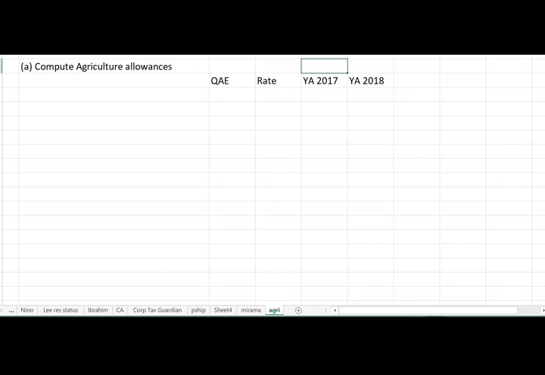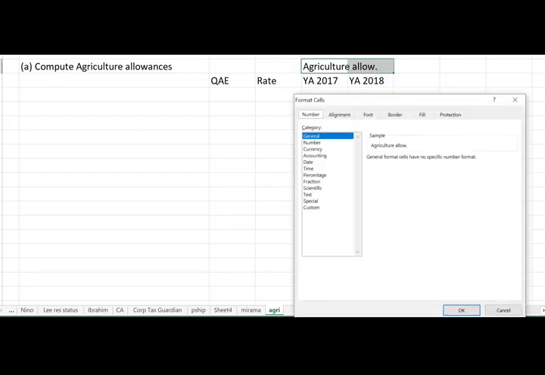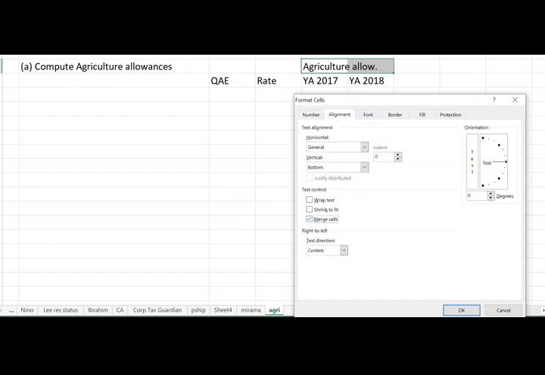Okay, that's my agriculture allowances. Okay, let's just highlight these 2 cells and we merge it. Okay, now, so I'll start with the first one and I would like you to carry on.